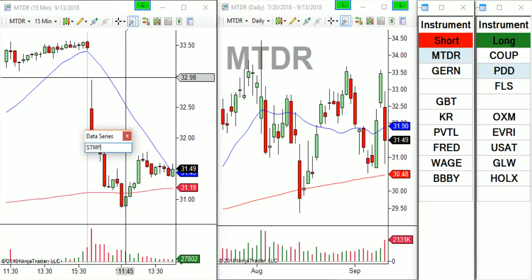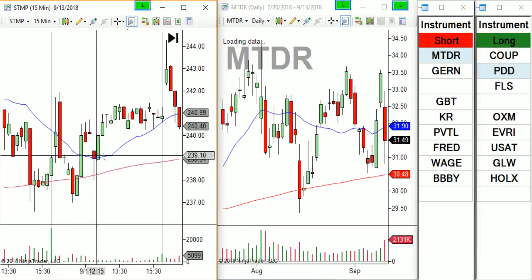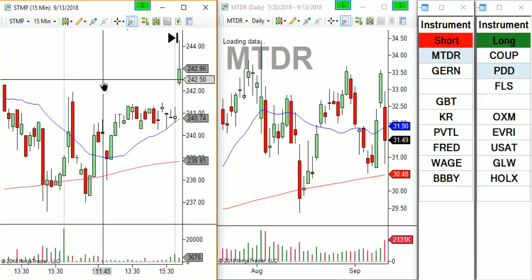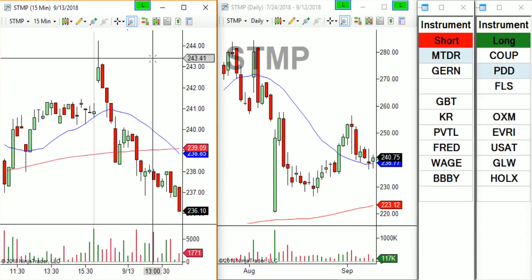Like STMP, which I just noticed when I was scanning. Normally on the 15-minute chart it's really spotty, as we can see here. So I'm probably going to remove this from my stock universe just for how it trades. So I have the stock universe, and for 15-minute patterns I haven't had too much success developing a scan that automatically sifts stocks out.